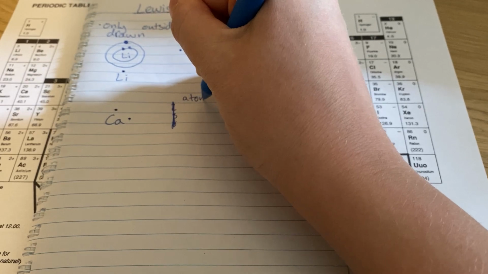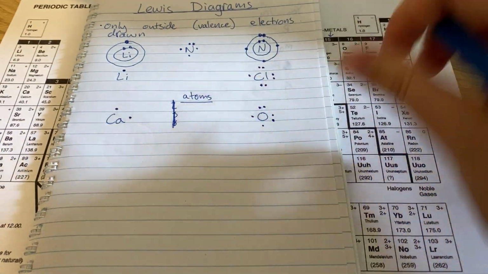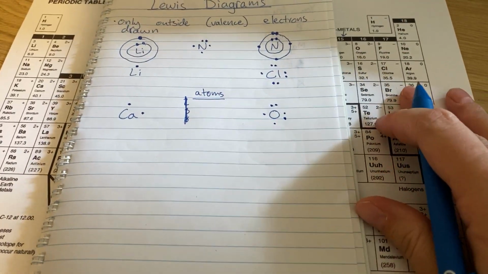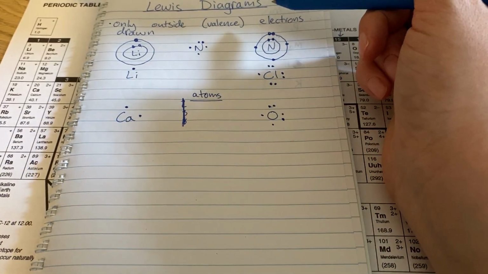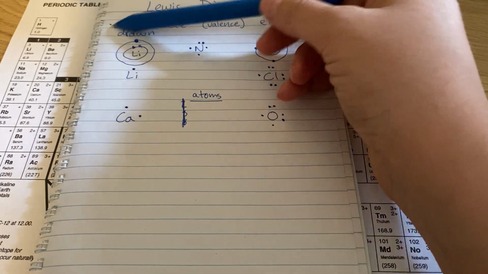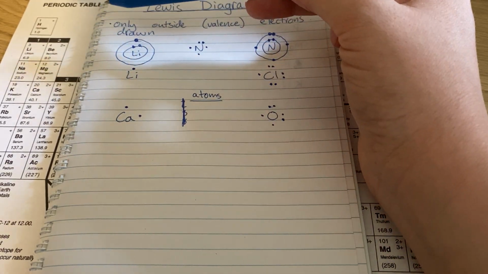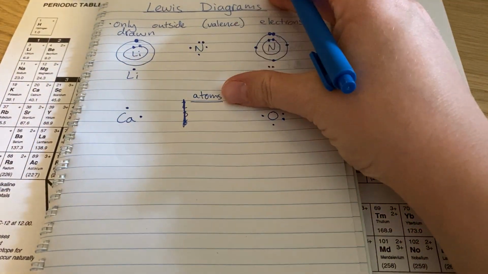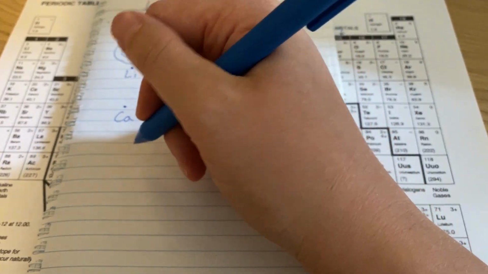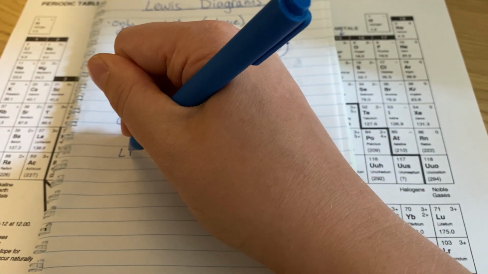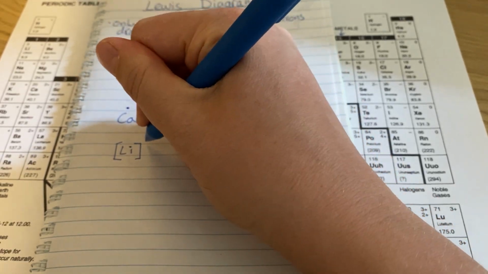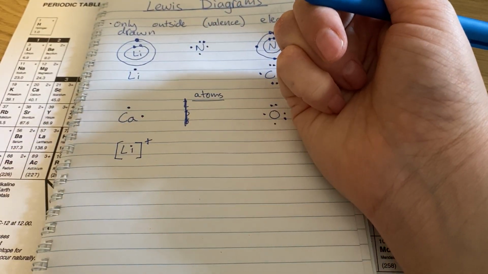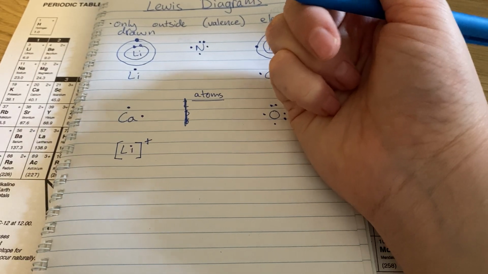Now when you draw ions, it can look a little bit confusing. When lithium becomes an ion, it has a +1 charge, so it loses that 1 electron. So a lithium ion just looks like this. You put brackets around it to show the charge, and it's just 1 plus. So that's it.